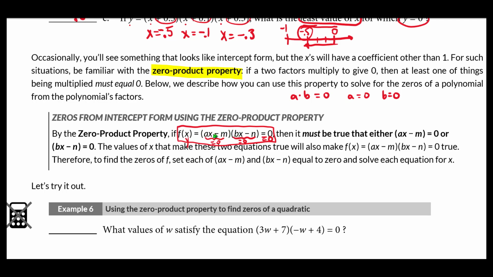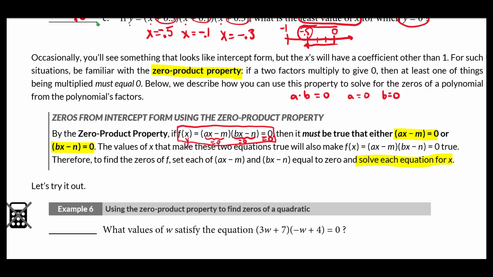So the way that we can figure out what values of x will produce this 0 is by finding out what value of x will produce this 0. In other words, we can just set each of those factors equal to 0, then solve for x, and then we will have our zeros.